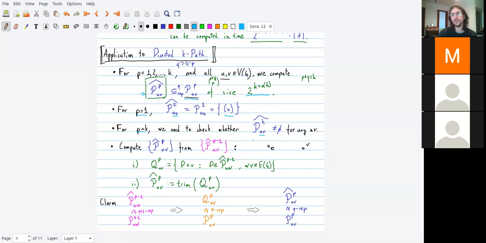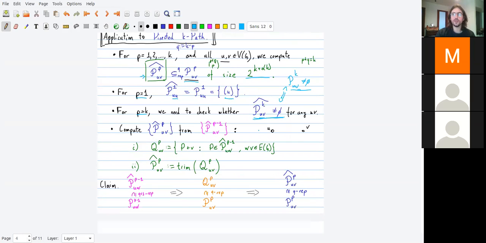So this family is non-empty if and only if the whole family of all the k-paths between u and v is non-empty. In particular, if this is non-empty, then using this process, I will be able to get a non-empty representative family of k-paths between u and v, which in particular contains one k-path that I was looking for.